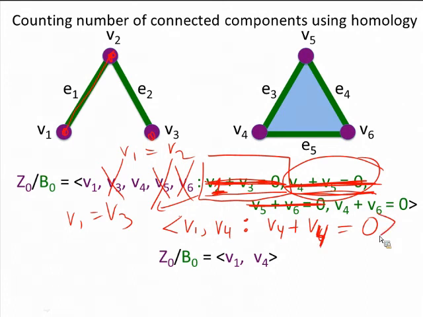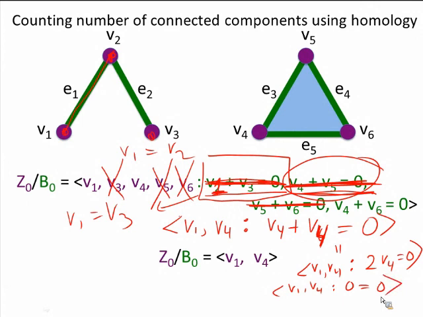Well, what's that equivalent to? This is V1, V4, such that 2V4 equals 0. But what's 2V4? 2 is equivalent to 0 mod 2, so this is the same thing as V1, V4, subject to 0 equaling 0.